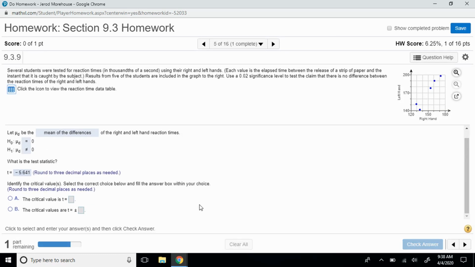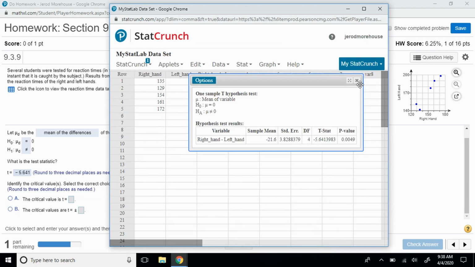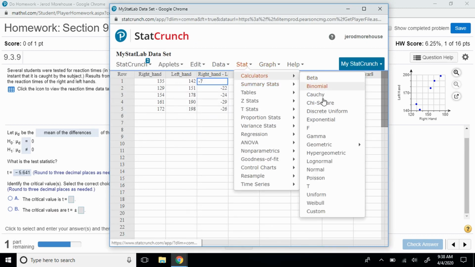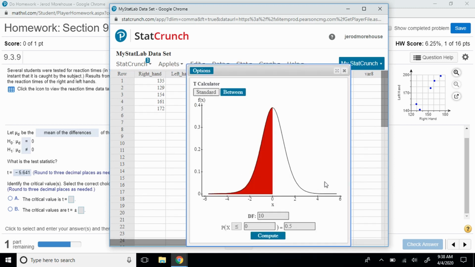Now it's asking me for the critical values that we would use in this test. So instead of using the p-value here, we're going to use a critical t-value. Note they want a 2% significance level. So let's go back to StatCrunch. Let's close this out. Go stat calculators t calculator.